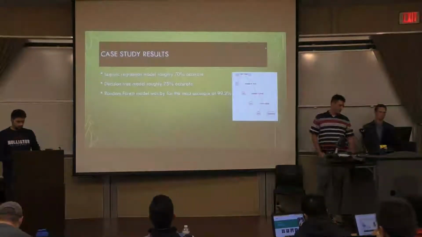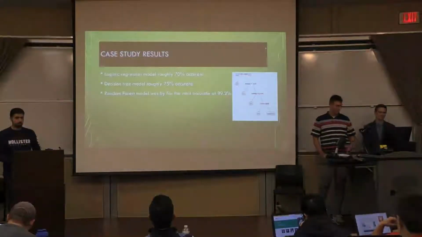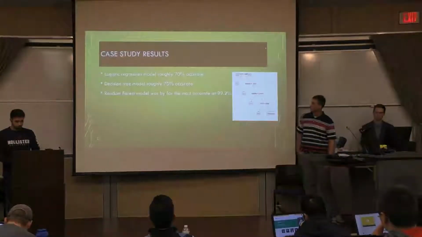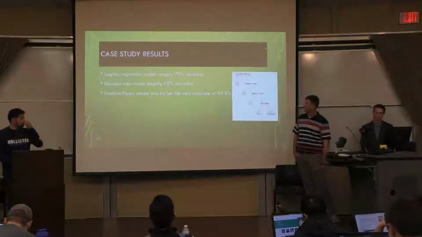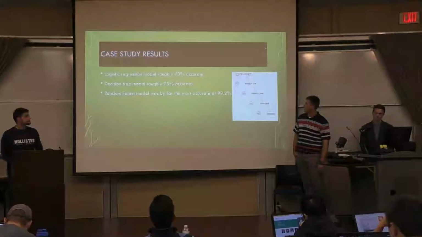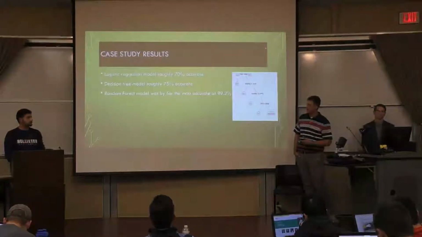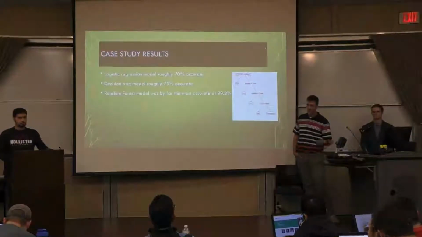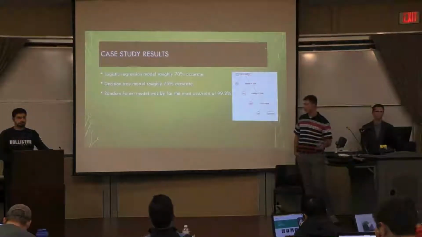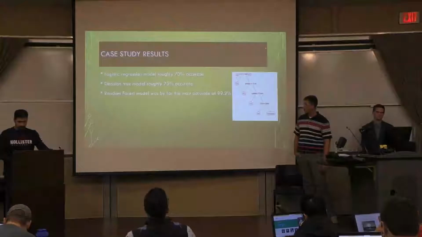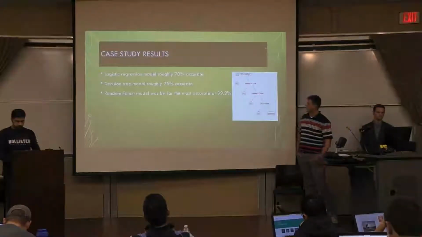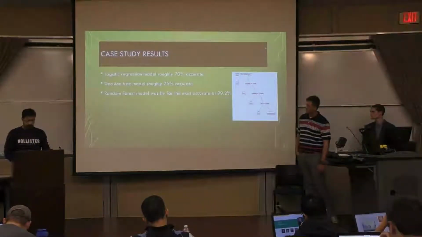The results for this case study: logistic regression was right around 70% accurate for all 3 sets of data. The decision tree was a little better, but as they added more data and used the full set, it went down to about 60% and got worse. For this specific case study, the random forest model was by far the most accurate.